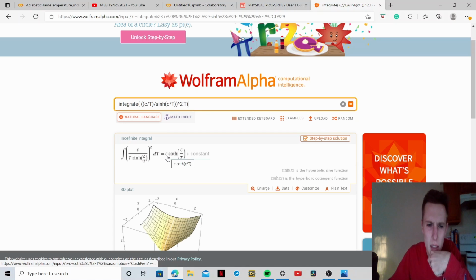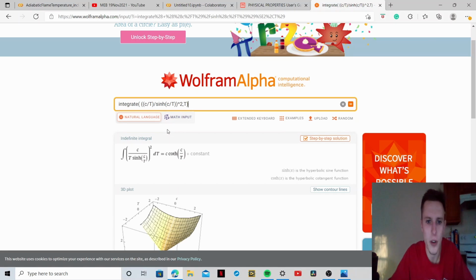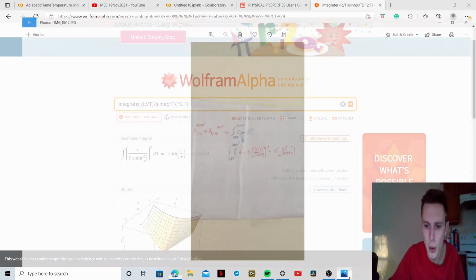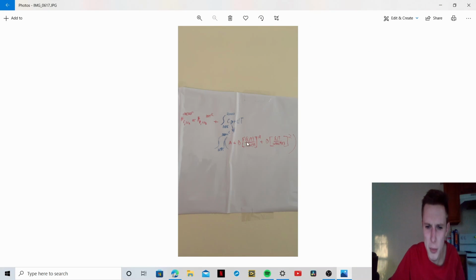So C, our coefficient for our heat capacity, times our hyperbolic cotangent times C over T plus a constant. And that is our first part, our B coefficient times this first section.